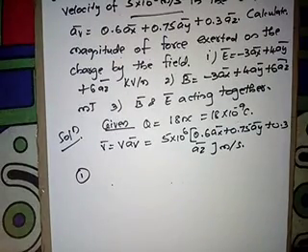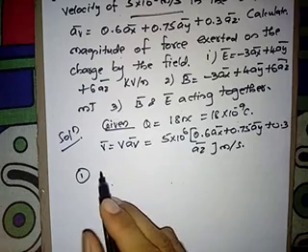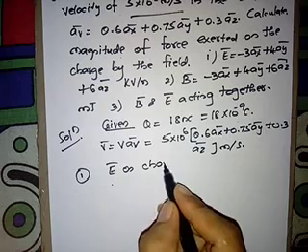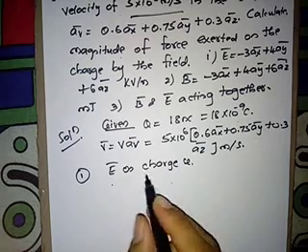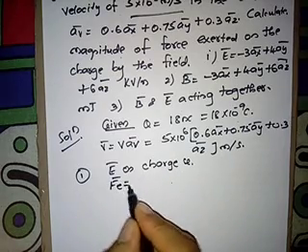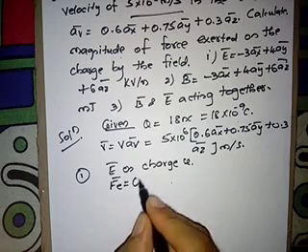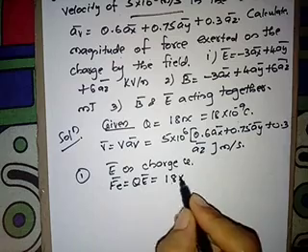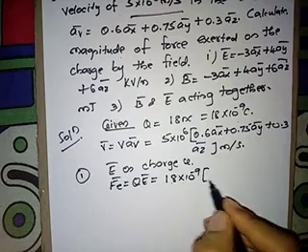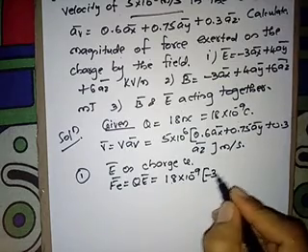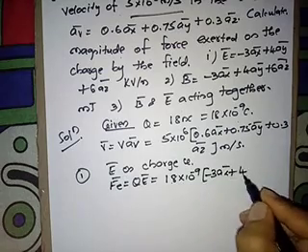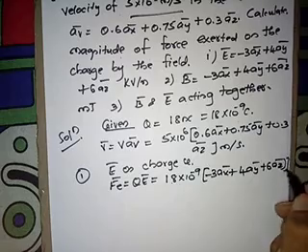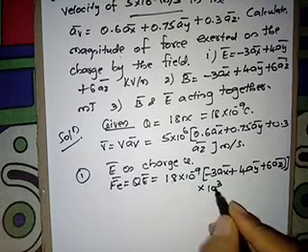Next, let us solve the first part of the problem. Electric force exerted by E bar on charge Q is given by Fe bar equal to Q into E bar. Q is 18 into 10 raised to minus 9. Then E bar is minus 3 aX bar plus 4 aY bar plus 6 aZ bar, this into 10 raised to 3.